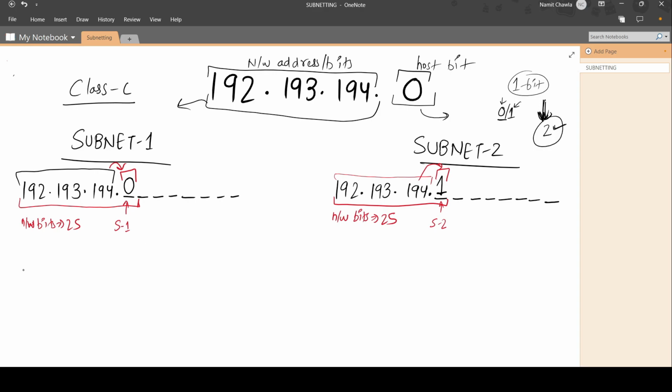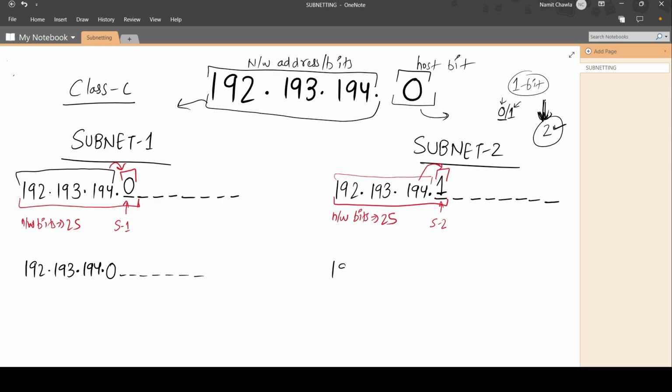Okay, so how does it look now? The progress that we have made till now is this 192.193.194, this 0 is fixed, so I'm going to keep the other things as dashes. 1 2 3 4 1 2 3, done.